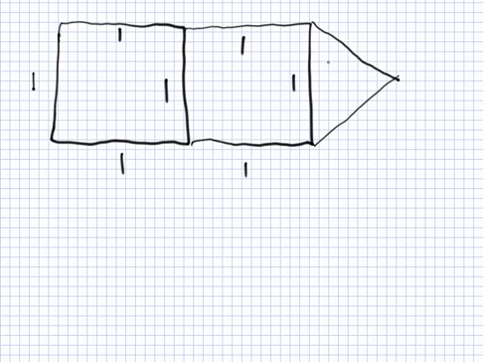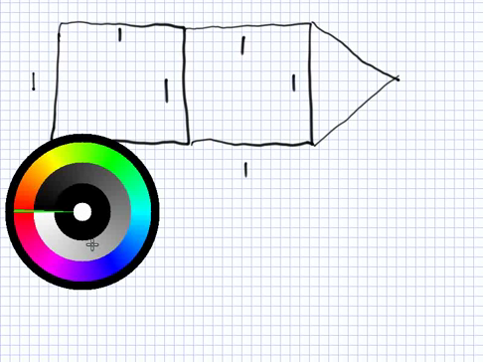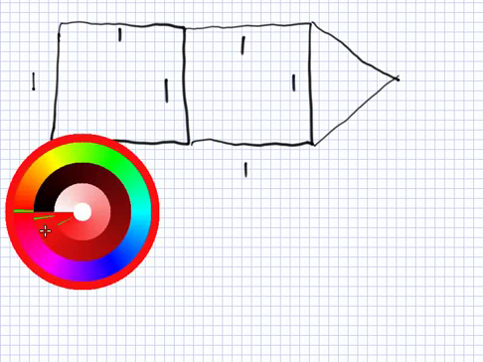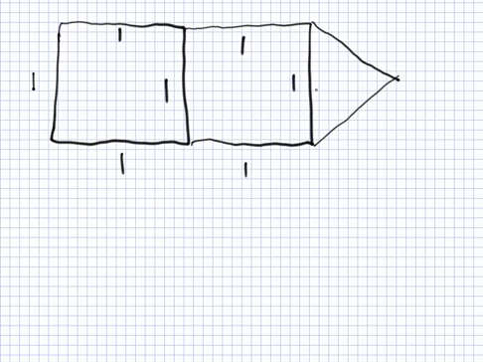If these are all the same, it means each of these angles must be 60 degrees. If this is 1 unit long, then here to here is half a unit, and then here to here is half a unit.